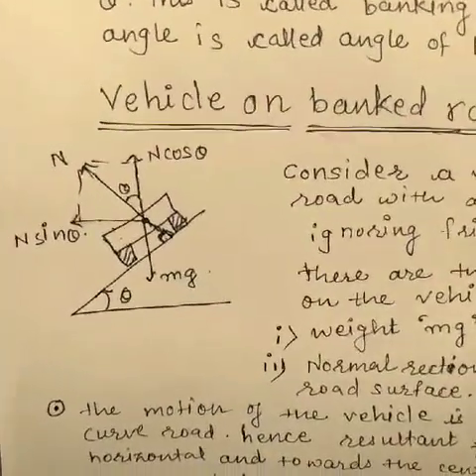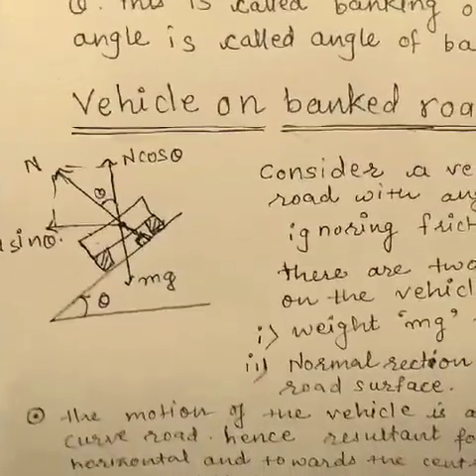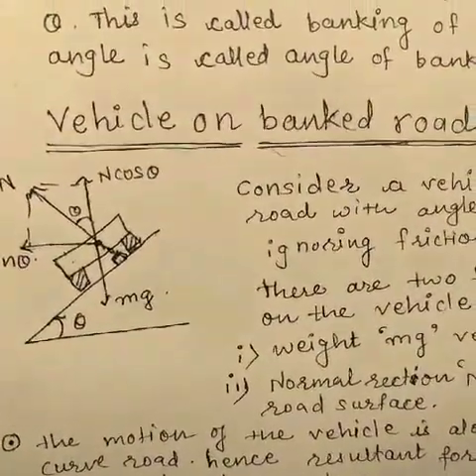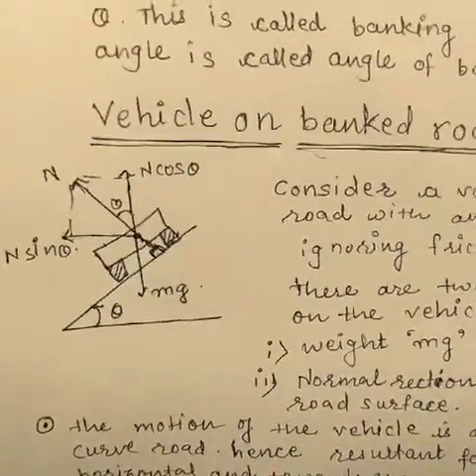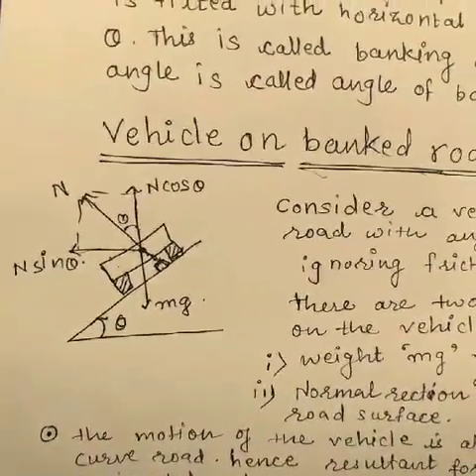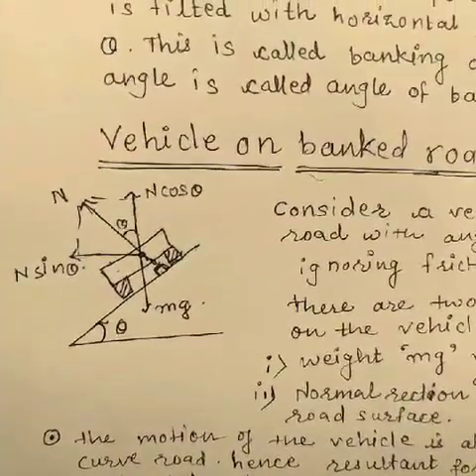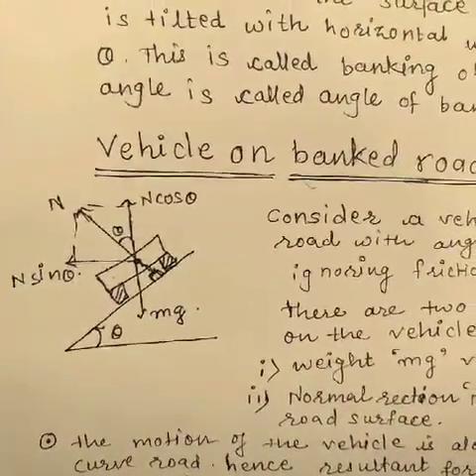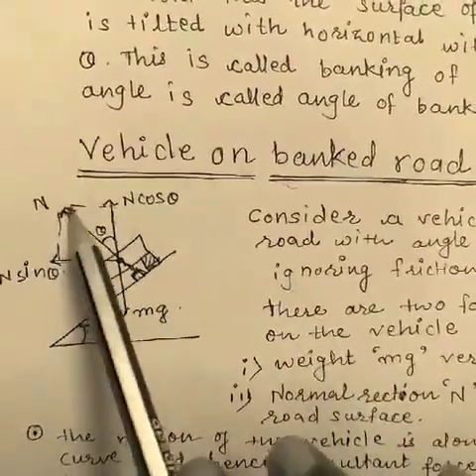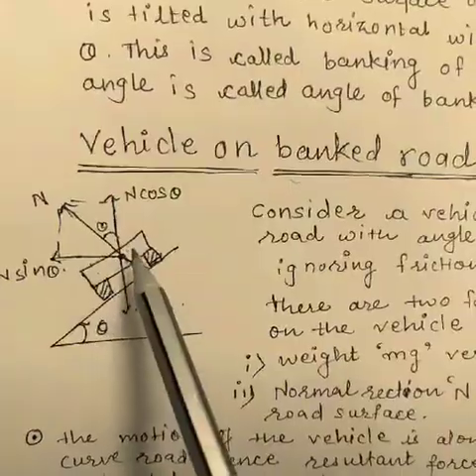Now you can see the weight mg acting vertically downward. Here there are only two forces. One is the weight acting vertically downward, that is mg, and the second is the normal reaction N, which is perpendicular to the road.